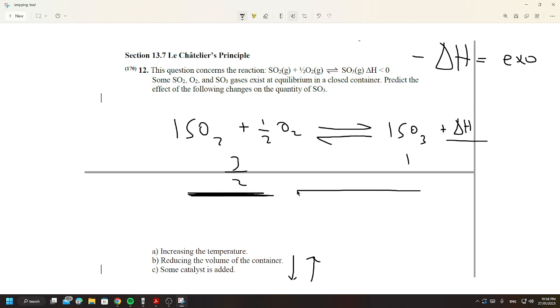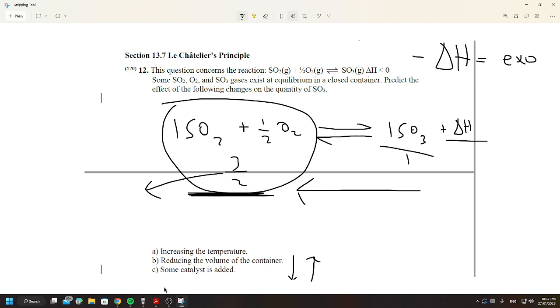So the backwards reaction is going to be favored to produce more of these because they have a higher number of moles. I believe the coefficient is the number of moles. So the volume is going to be increased, right?